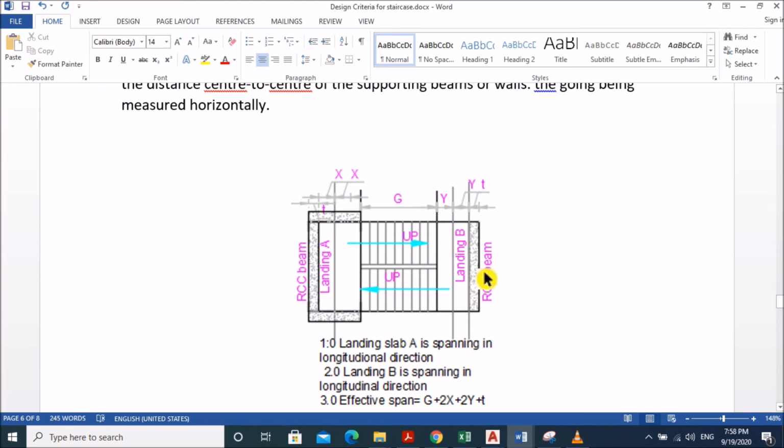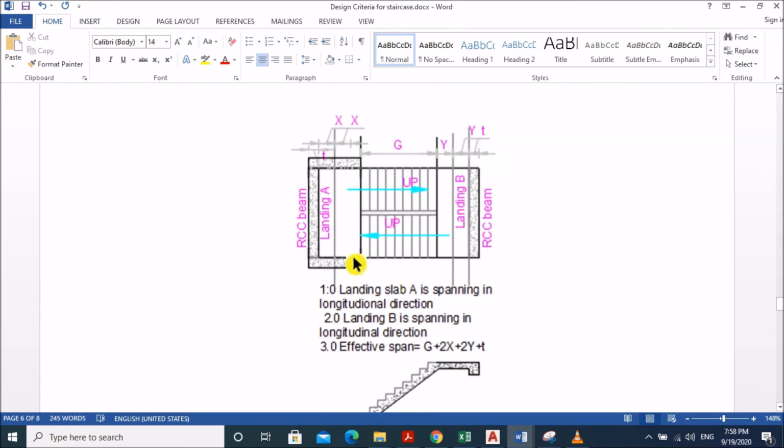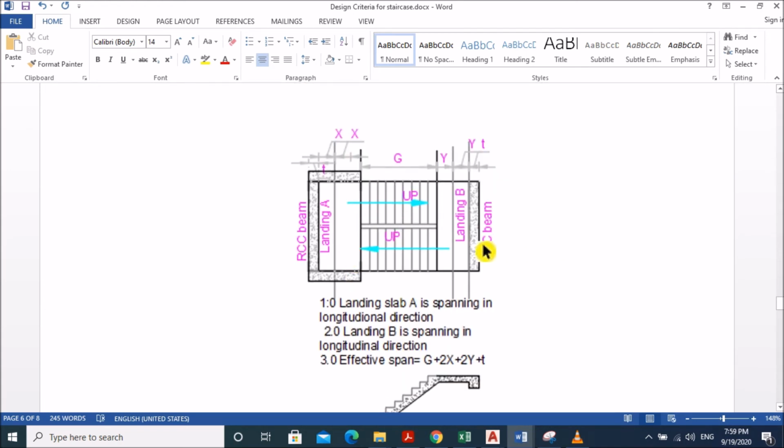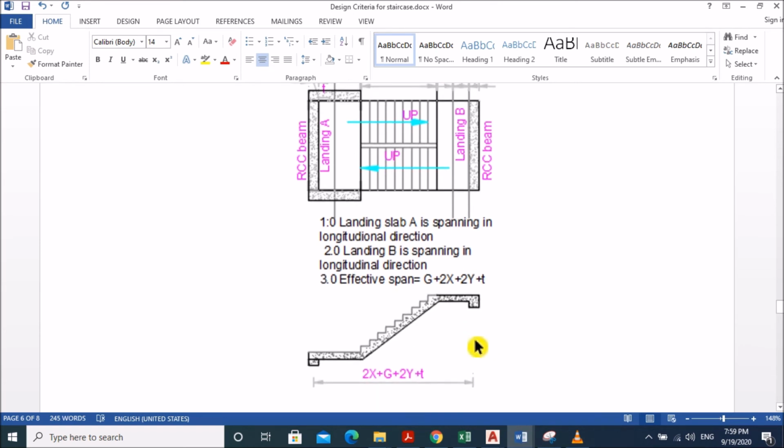It means the edge of landing B is fixed and another edge of landing A is also fixed. In that case, landing A and landing B both are spanning along the direction of the flight. So we take G plus 2x plus 2y plus T. This is the effective span for this type of configuration.